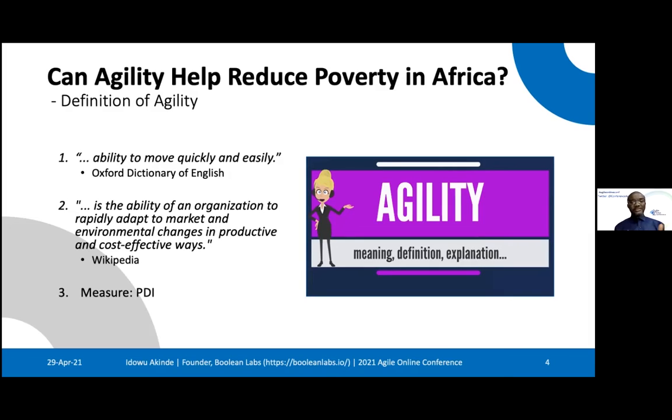PDI, I didn't define here, that's an error, but PDI stands for Power Distance Index. Power Distance Index essentially is defined as the psychological distance between subordinates and their superiors. In other words, the relative ease, or by extension, the relative difficulty, for subordinates to disagree with their superiors without any negative consequence.